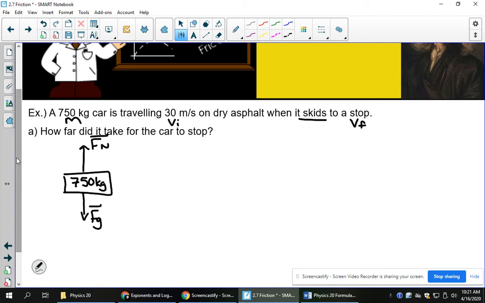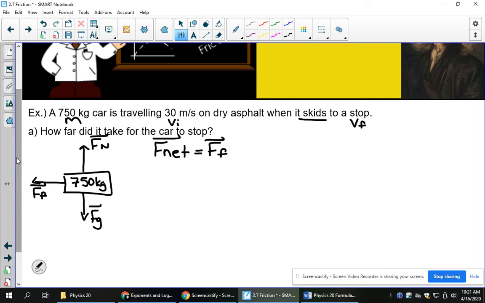So the only force at play here is a force friction. You're no longer applying a force to the car, you're just skidding along the road. So we've got our net force only being accomplished by a force of friction. That's it.